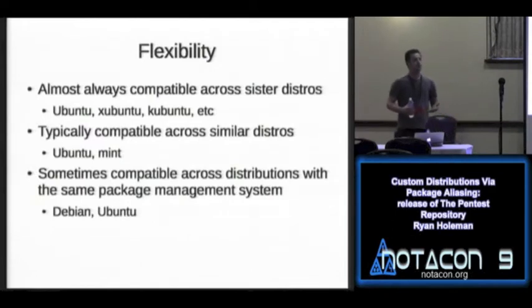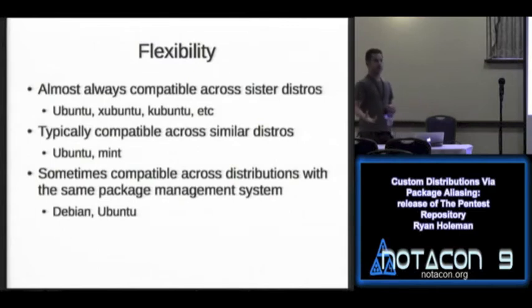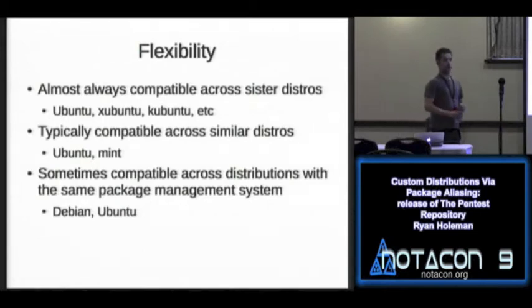These packages are typically compatible across similar distributions, right? So if I took an Ubuntu package I made and I tried to install it on Mint, which ends up using the same backend remote repository, we're going to end up getting the same thing accomplished, right? Because its remote repositories have all of the same names that we're aliasing.